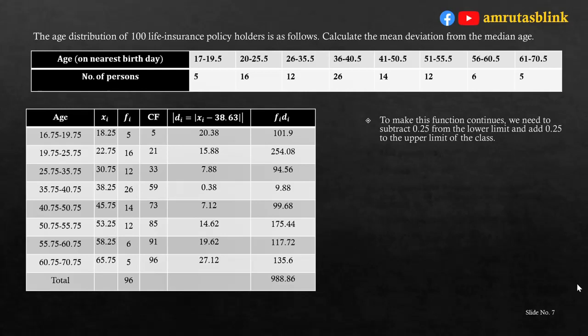Then fourth class will be 35.75 to 40.75, then 40.75 to 50.75, then 50.75 to 55.75, then 55.75 to 60.75, and 60.75 to 70.75.